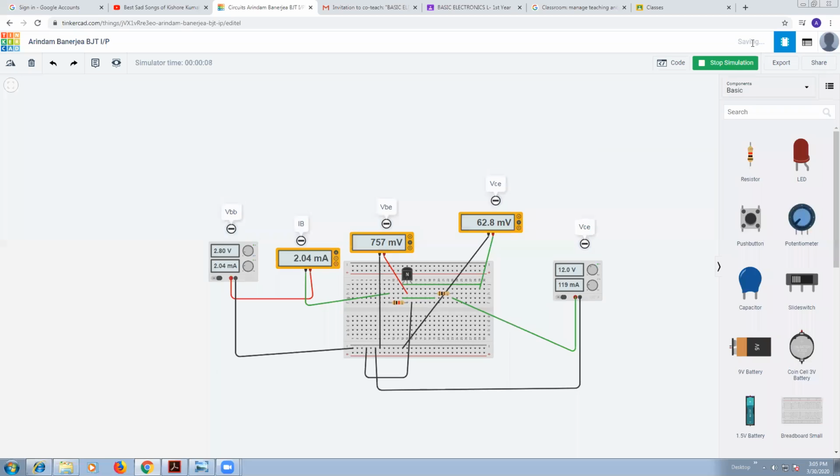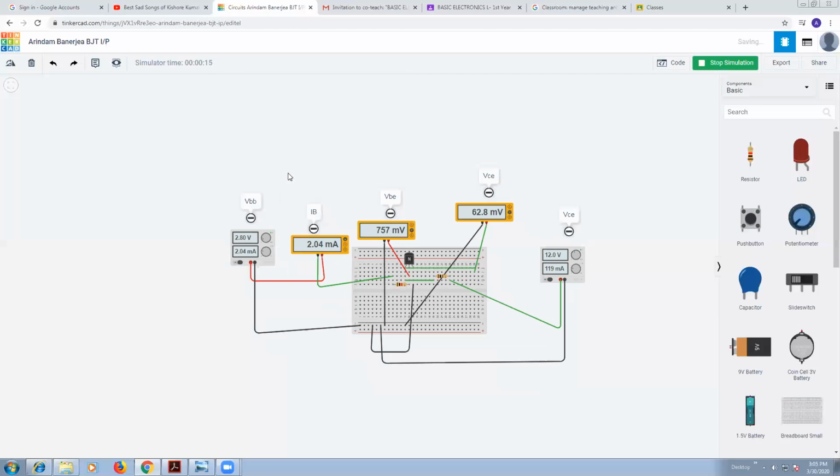It is already saved. I already did this experiment and it is already set. But initially you have to keep this VCE at 6 volt, and keep these two at zero, and current 1.